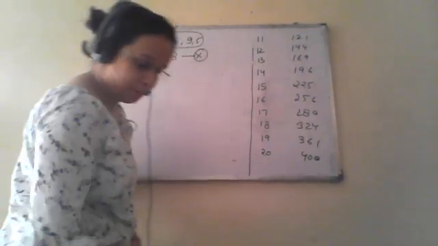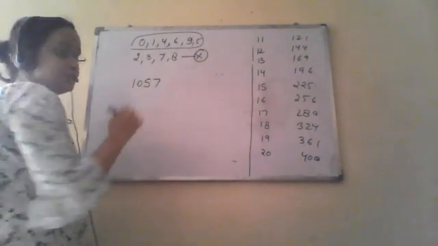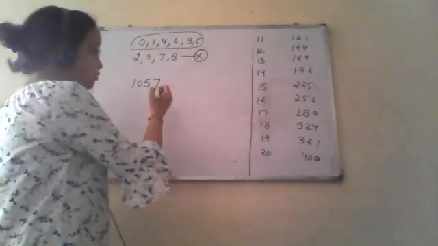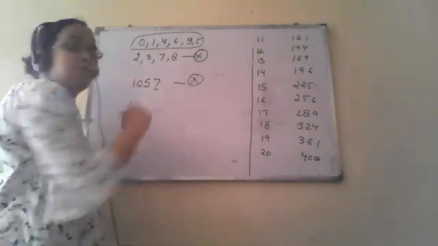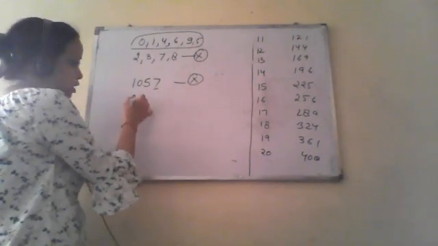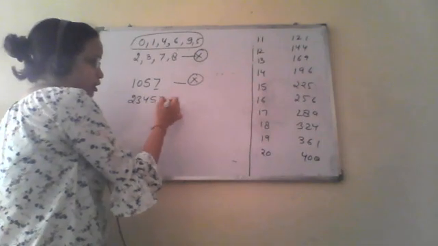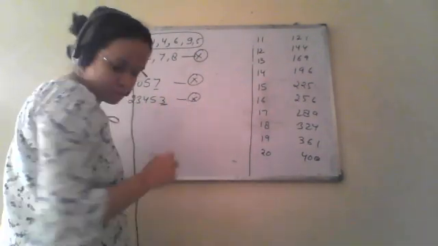Now we take a few examples. We have 1057, whether it is a perfect square or not. We have 7 at unit place, so we can straight away say it will not be a perfect square number. Now if it is 23453, 3 at unit place, it will again not be a perfect square number.